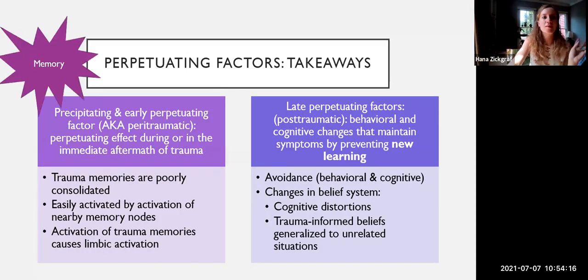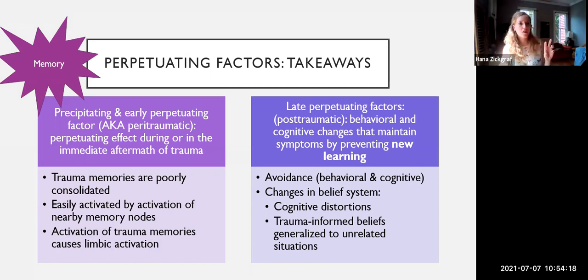So takeaways: alterations in memory encoding are both a precipitating factor because they happen during a trauma, and they're an early perpetuating factor. They perpetuate the effect of the sympathetic arousal and fear that happened during the trauma by causing that memory to be constantly reactivated through poor consolidation.